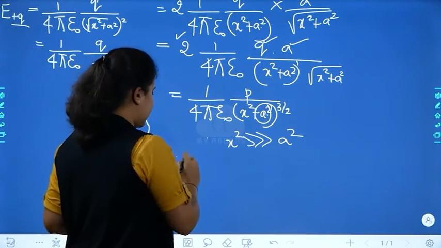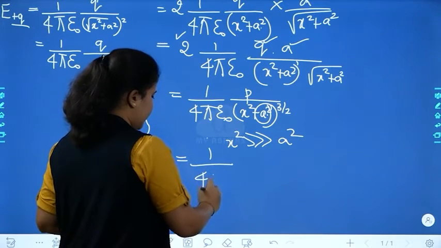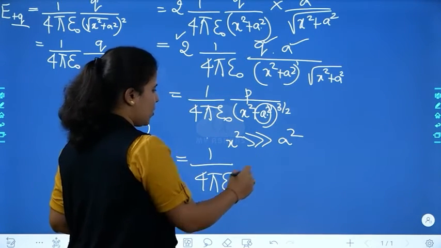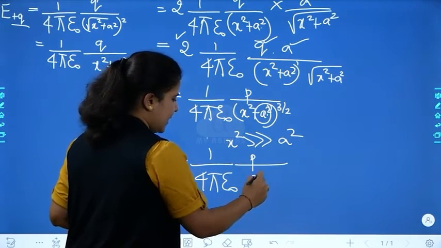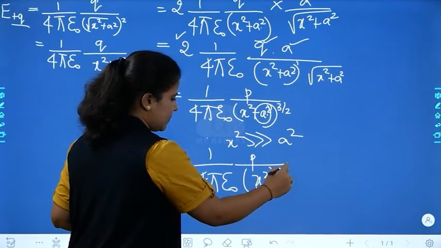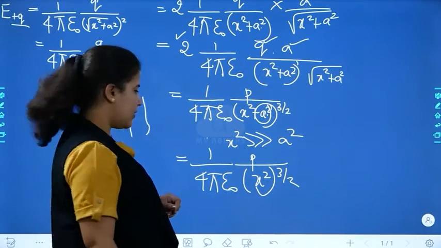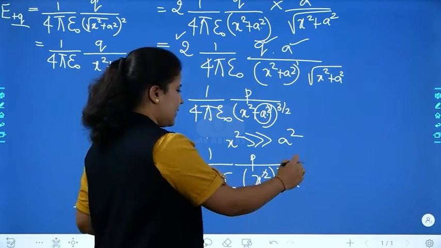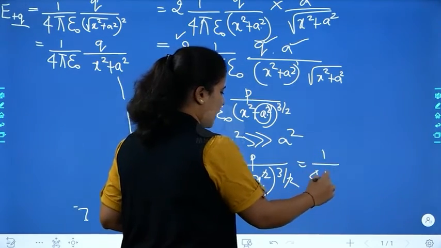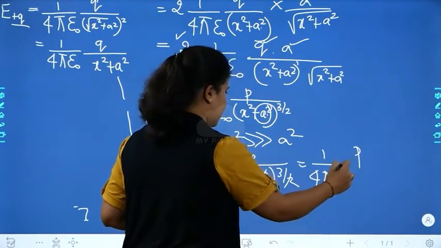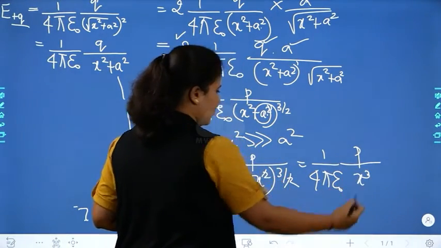So if this gets neglected, what I'll get? 1 divided by 4 pi epsilon naught P divided by x square, the whole raised to 3 by 2. So if I get that, then what happens? 1 divided by 4 pi epsilon naught P divided by x cube I'll get.